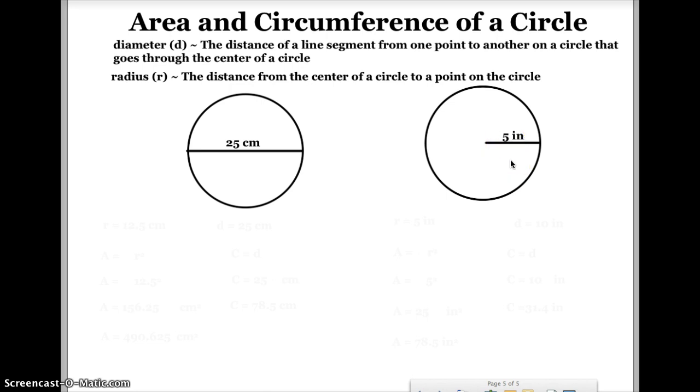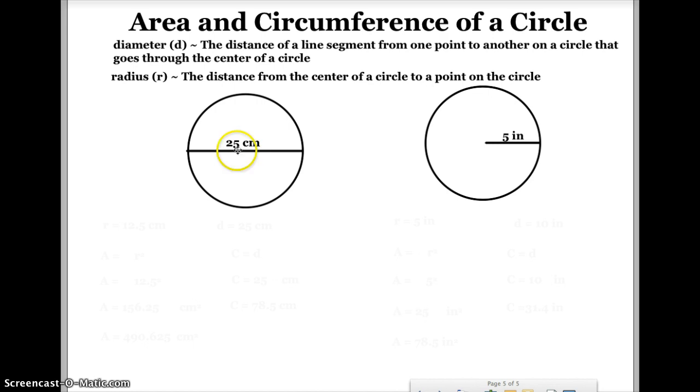Now when I look at these two circles, I want to be able to compare the radius and the diameter. If you look at it carefully, the diameter is just twice as long as the radius. It's like 2 radiuses. And if I multiply my radius by 2, I'm going to get the diameter. What I'd have to do to my diameter to get my radius is divide it by 2. Because if I take half of that 25, I'll get my radius.